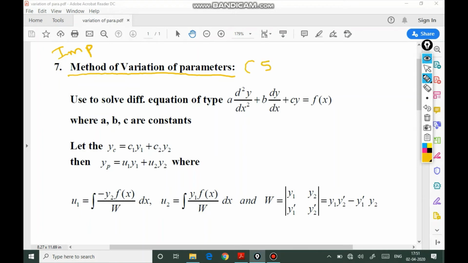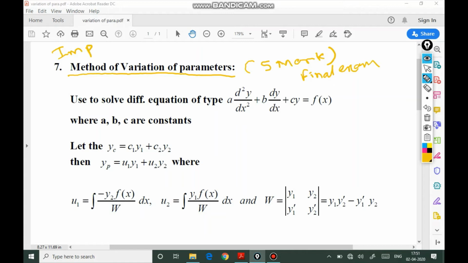A 5 marks question is compulsory. One 5 mark question comes in the final exam. So if you do the 5 to 6 examples in the handout and you are able to understand them, yes, you can fix your 5 marks on this method.